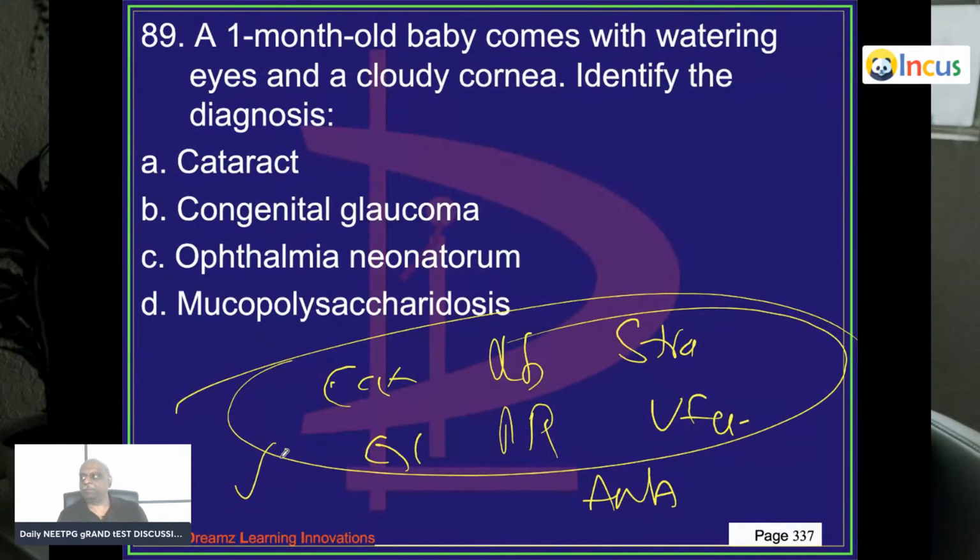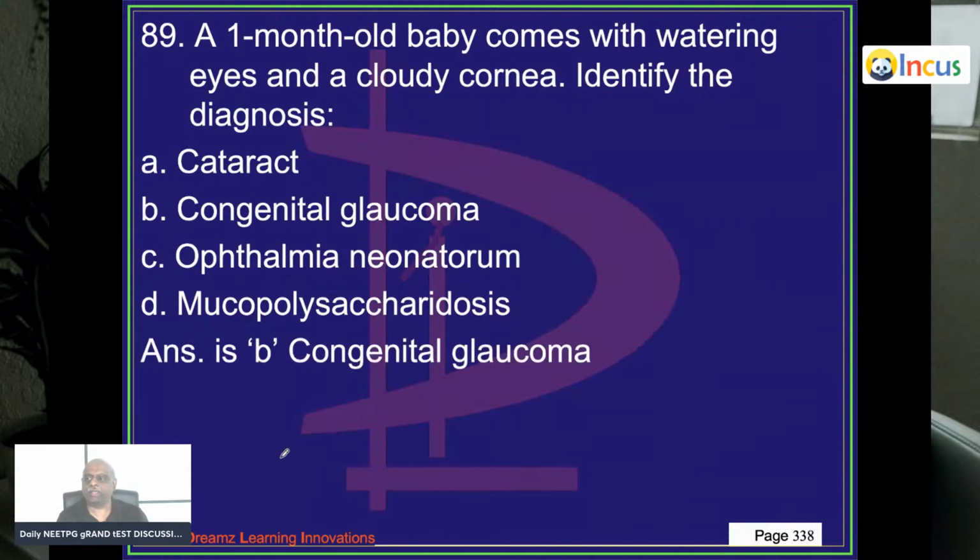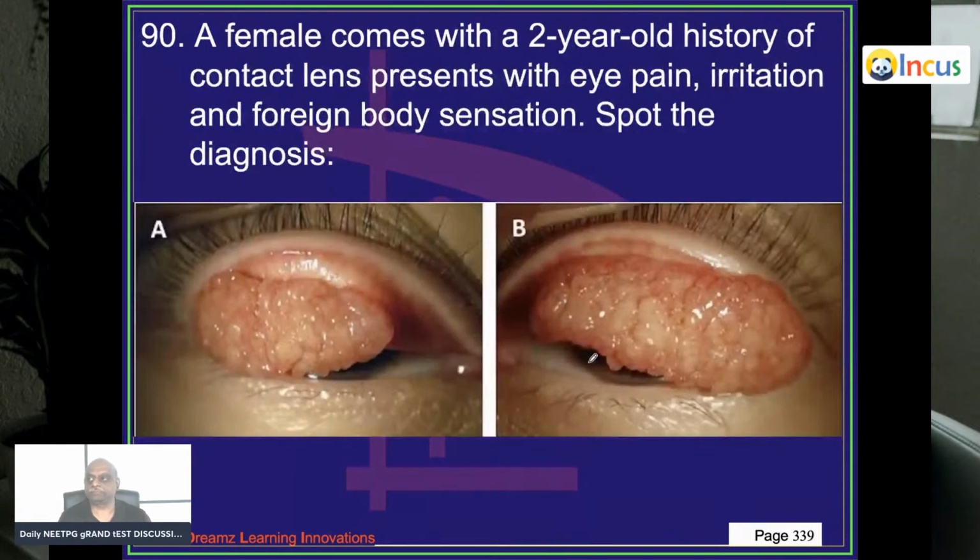One month-old baby comes with watering of the eyes and cloudy cornea: buphthalmos, congenital glaucoma.